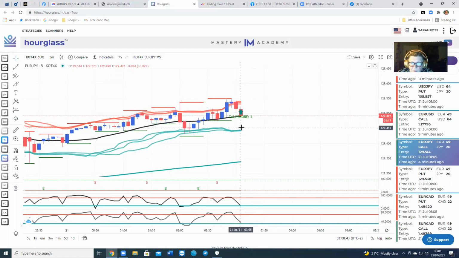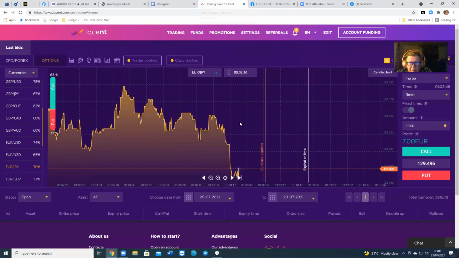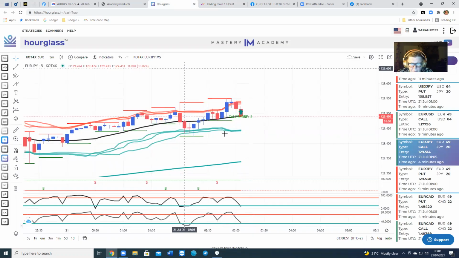Take this for a call. 1 minute 15 to go. 492, 496. So we want this. There's that 492 level there. That green line's just been drawn off the moving average in the middle. Sorry, the middle of the Bollinger Band, which acts like a support and resistance.